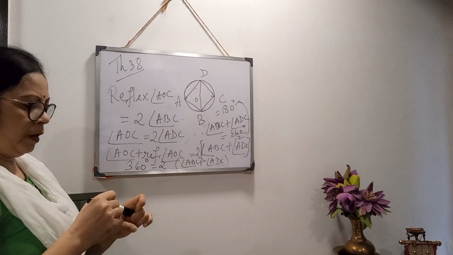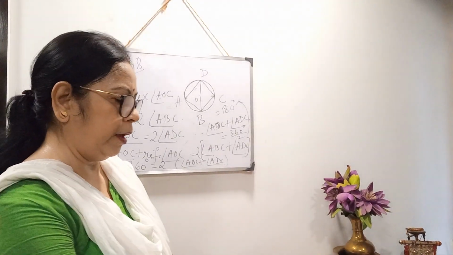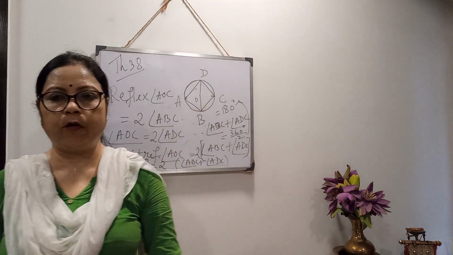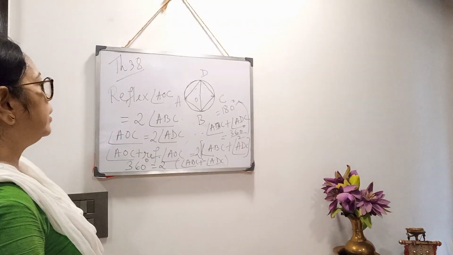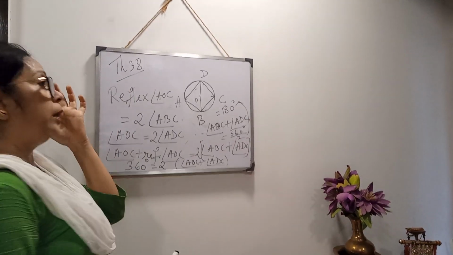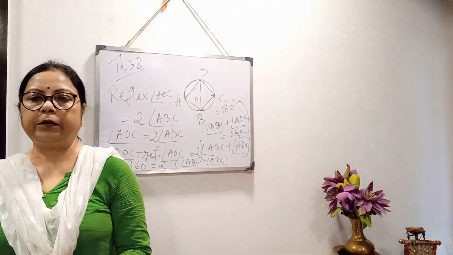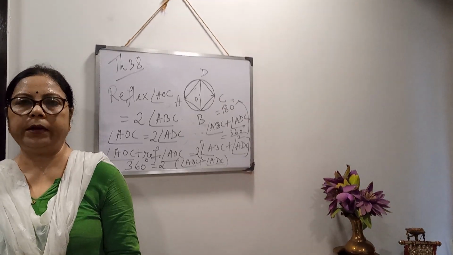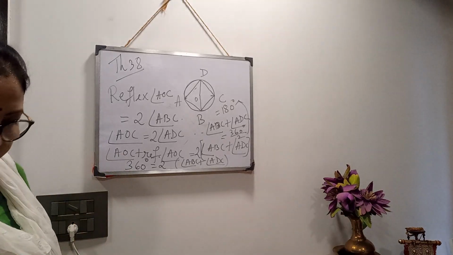Clear? So here what we have done: at first it is given a cyclic quadrilateral, its name is ABCD. Cyclic quadrilateral means the quadrilateral which is inside a circle. Clear? Now we have to prove that the opposite angles of a cyclic quadrilateral are supplementary, that means the sum of opposite two angles will be 180 degrees.